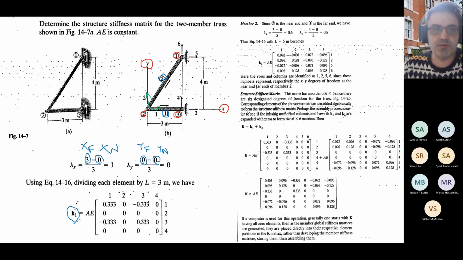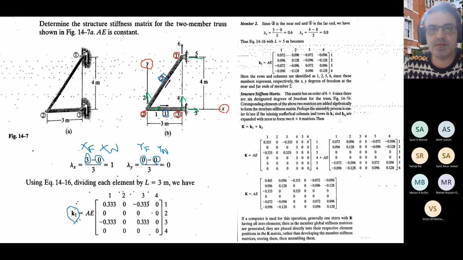This is number 2, the degree of freedom number 2, which is delta 2y. This is number 3, which is delta 3x. This is number 4, which is delta 3y. Either use delta 3y, for example, or use 1, 2, 3, 4, 5, 6.